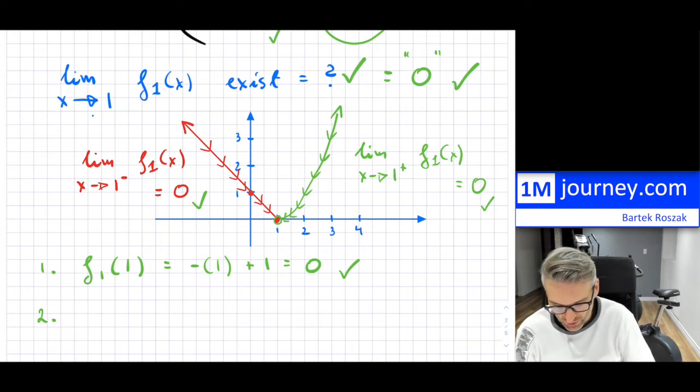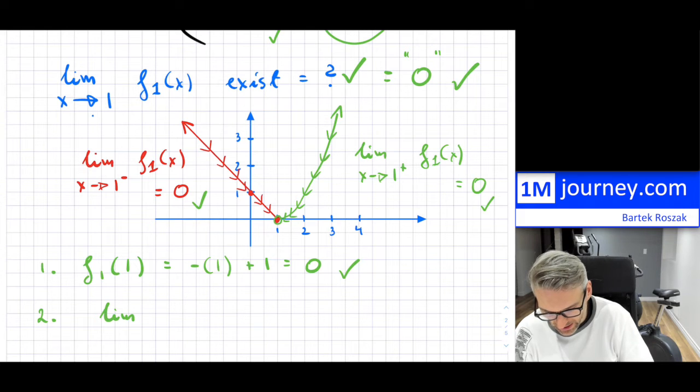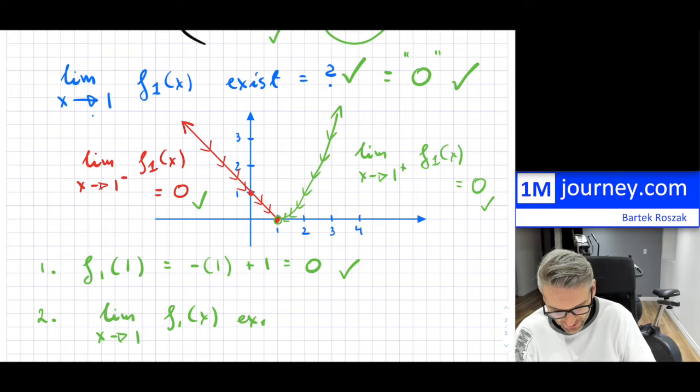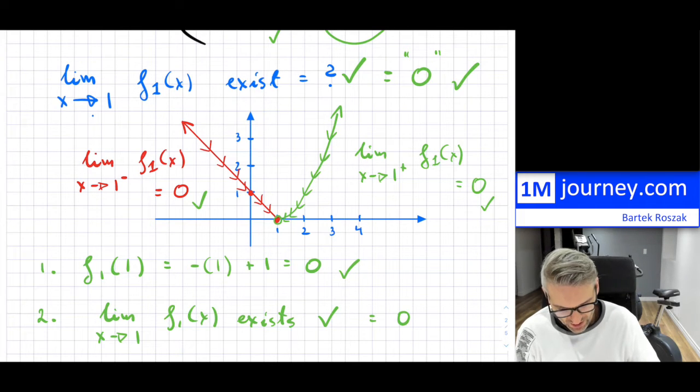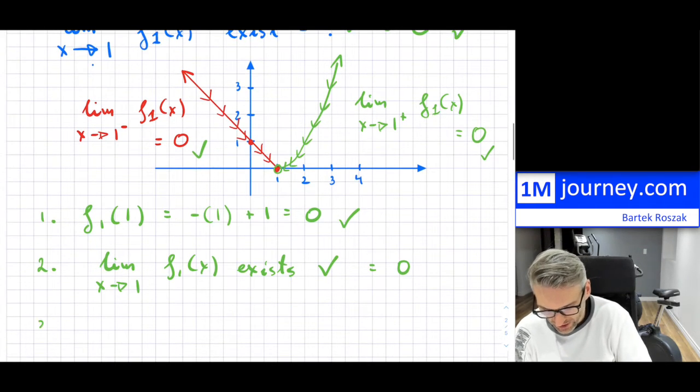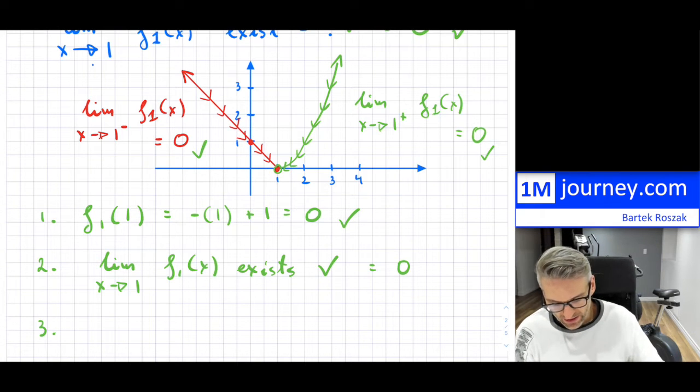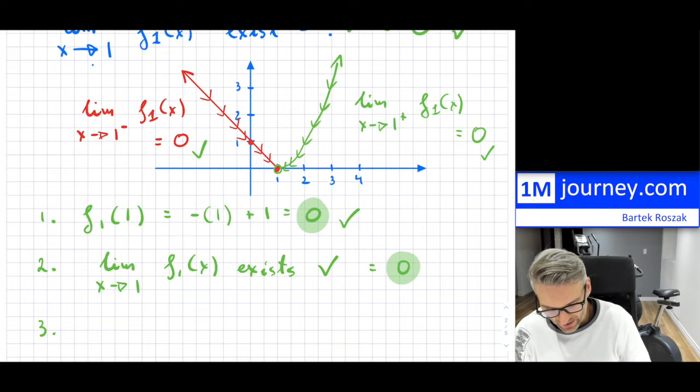My condition 2, I needed to know if the limit as x is approaching 1 of the function exists, and indeed it does exist, and we have shown just above that it equals 0. And then my third condition is that 1 and 2 need to be equivalent, and they are.